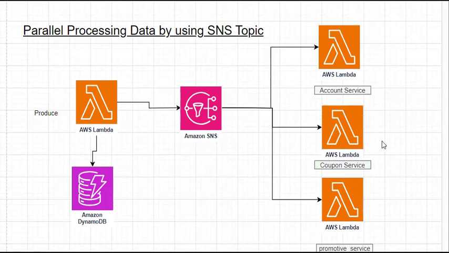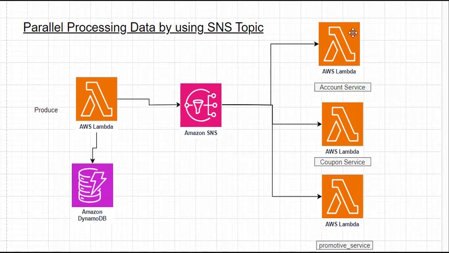So like that, I want to subscribe this Lambda function to this SNS topic. I have shown you how to provide the Lambda function subscription from the Lambda service. Now I will show you how to subscribe the Lambda function from the SNS topic.